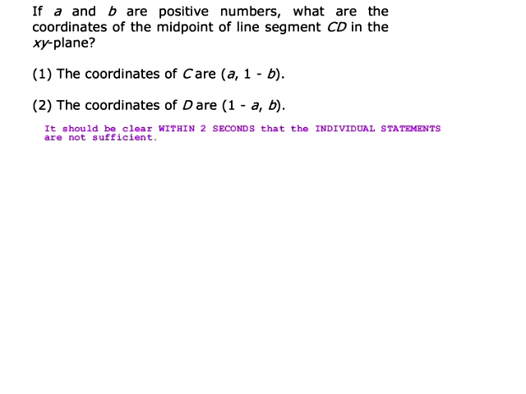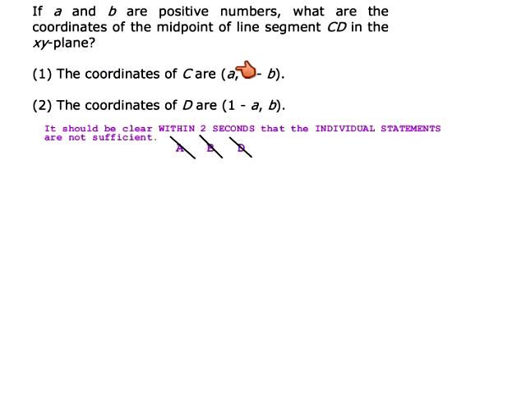Because it asks for the midpoint of CD, and if you just have one or the other of those individual statements, you at least have to have some piece of information that pertains to both points. If you only have something about C and not D, or only something about D but not C, then the other point can be anywhere at all. Like in statement 1, D could be literally anything.